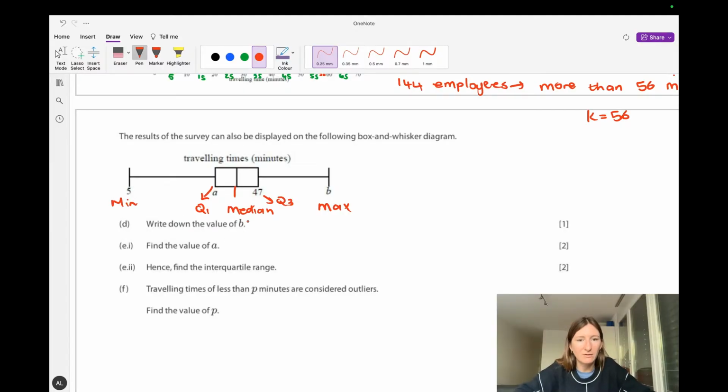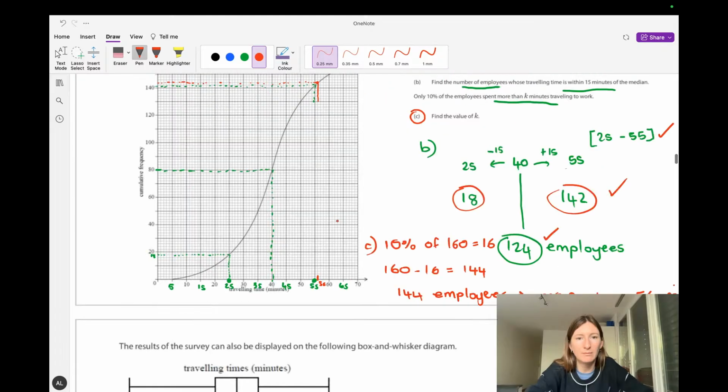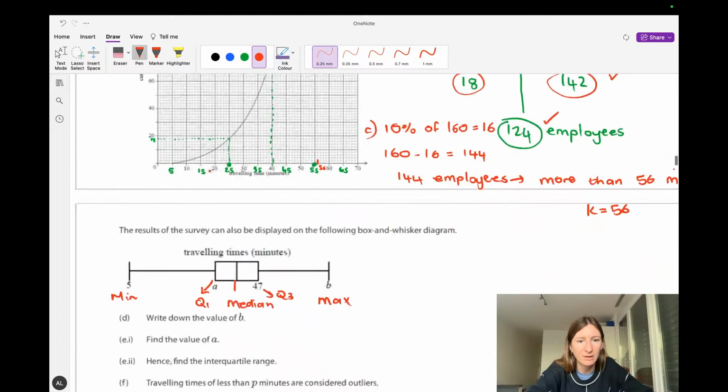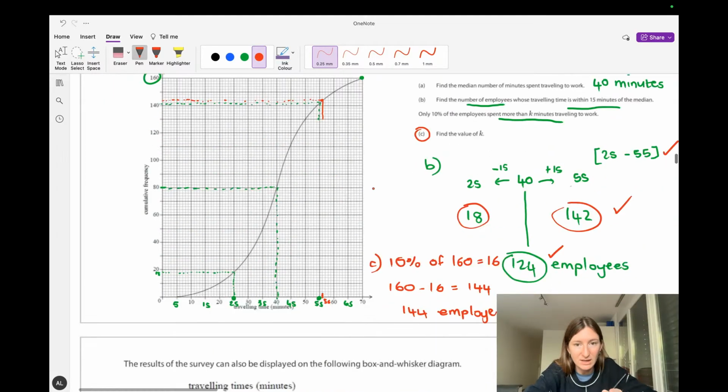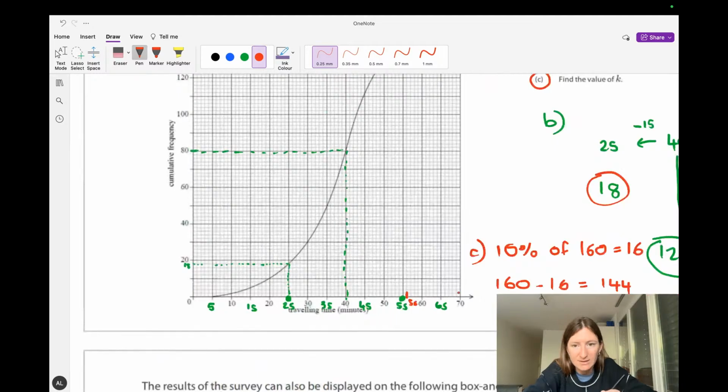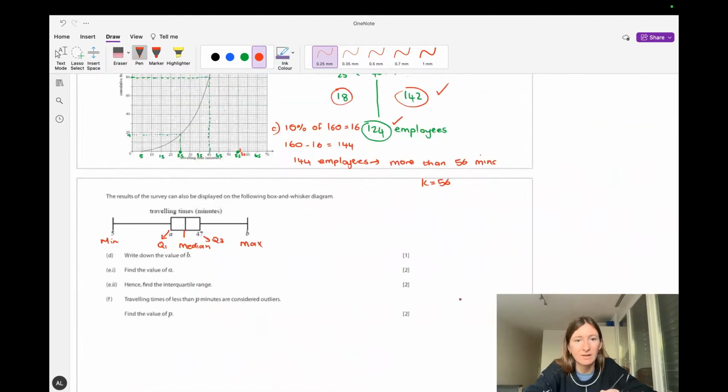So they want the value of B, which is the maximum. Don't write 160 because that's cumulative frequency. At 160, our maximum value is 70. It's super easy to write down 160 and forget that you actually wanted the variable. So 70 minutes is our maximum, our value of B.